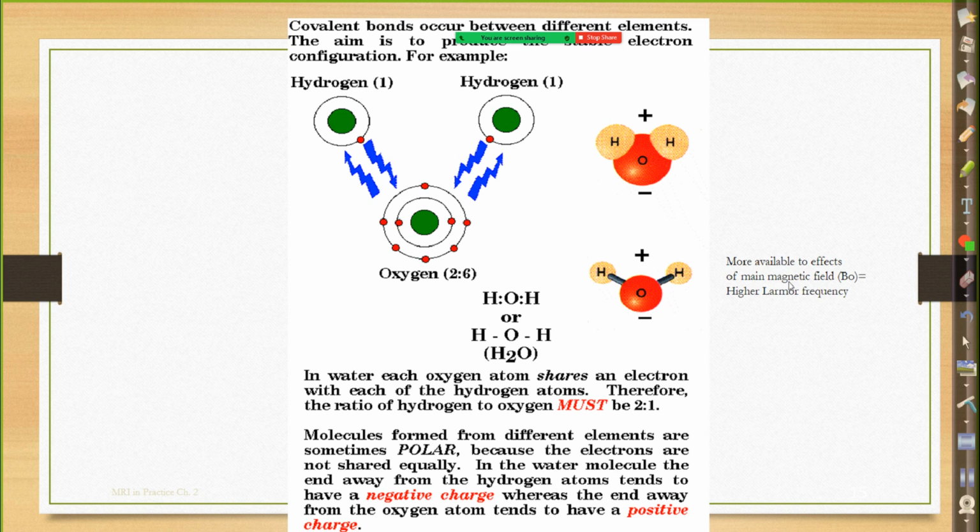And when you plug that into our Larmor equation, it's going to precess a little bit faster than fat. So it has a higher Larmor or precessional frequency than fat, just due to it being more magnetically susceptible. And it's just slight.